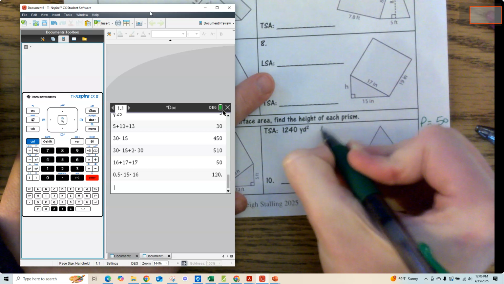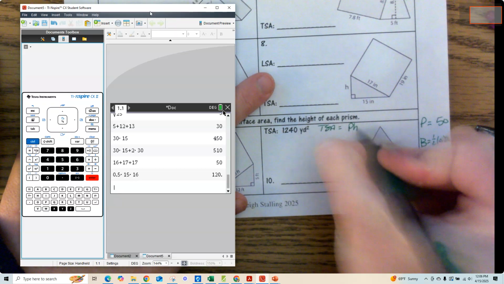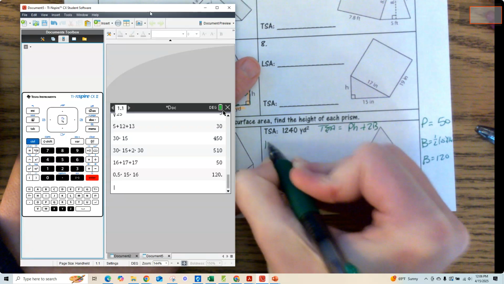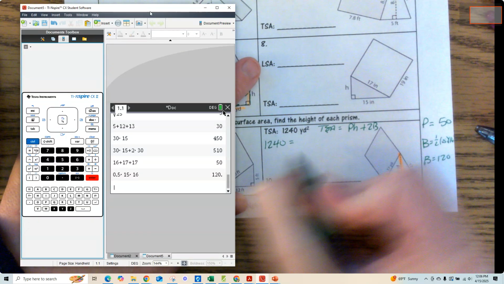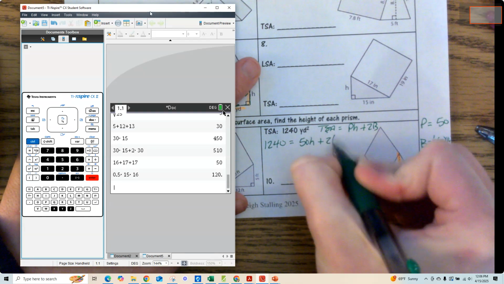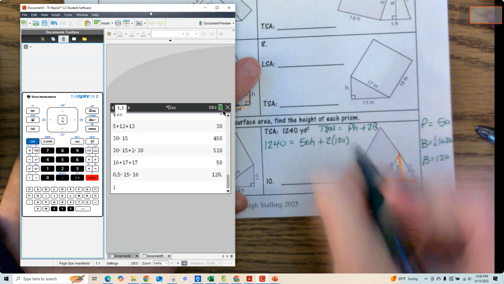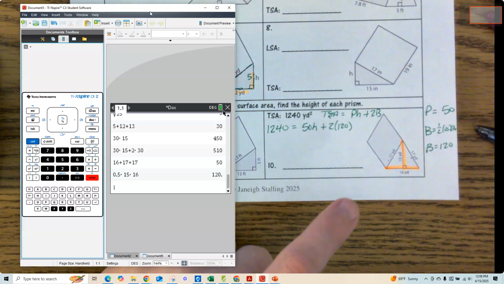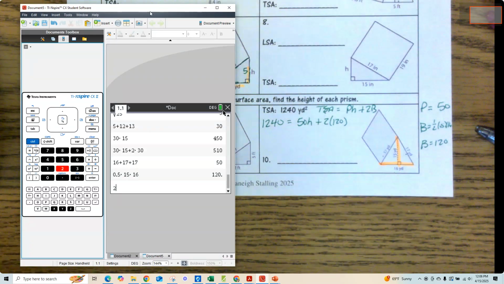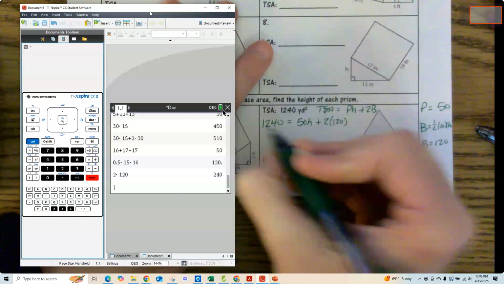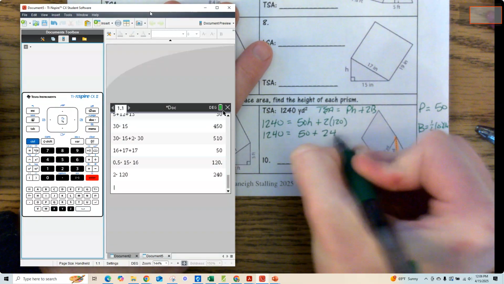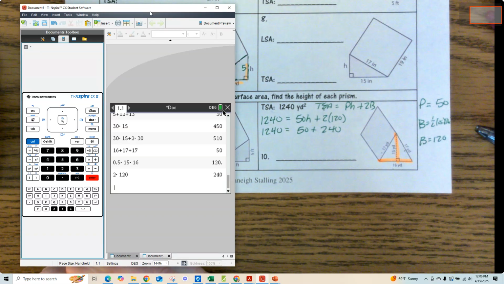All right, now we can set up our equations. So total surface area equals perimeter times height plus 2 times big B. So we know the total surface area. Perimeter is 50. Height is what we're looking for. Big B is 120. All right. To solve this, first thing I need to do is simplify that down. 2 times 120, 240. Okay, what's my next step?